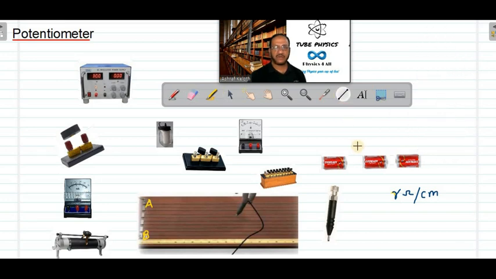Here we have 3 cells. If the 3 cells are connected positive to negative, then positive to negative, how much voltage will be available between these 2 points? Suppose each cell is 1.5 volt. Between the 2 points A and B, if each cell has 1.5 volt terminal potential, how much will be the voltage available here? 3 cells are there.